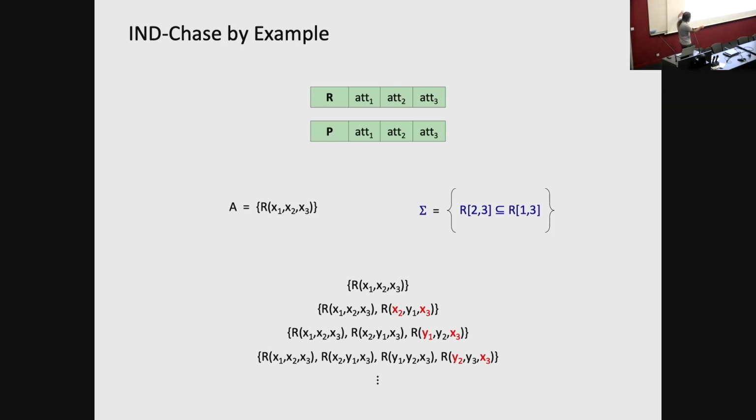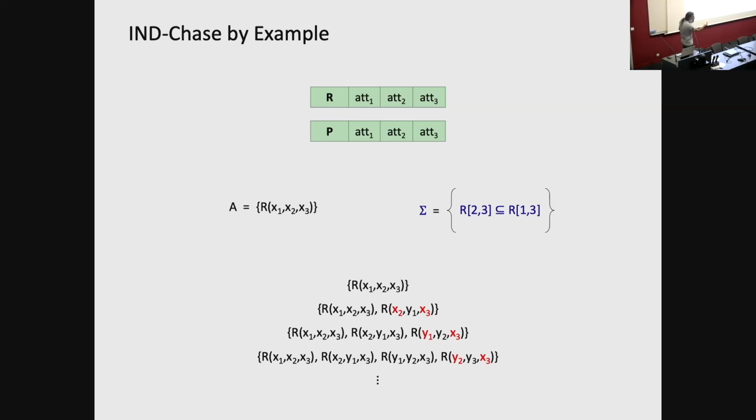So let's see why we have to build an infinite set of atoms. If we start from this, the chase will say, okay, we have to introduce an atom where x2 appears in the first position and x3 in the third position, right? But after adding this atom, it will trigger again this inclusion dependency.